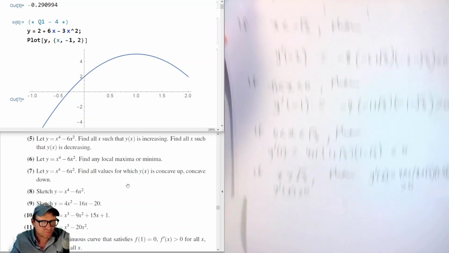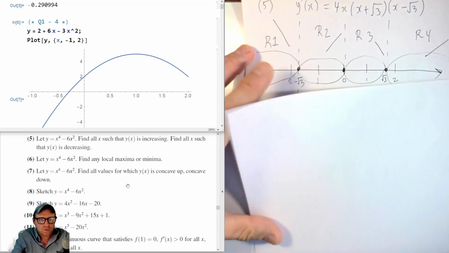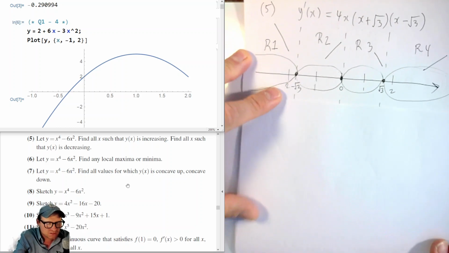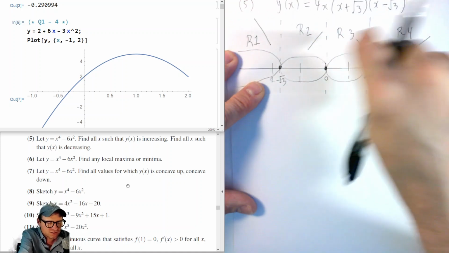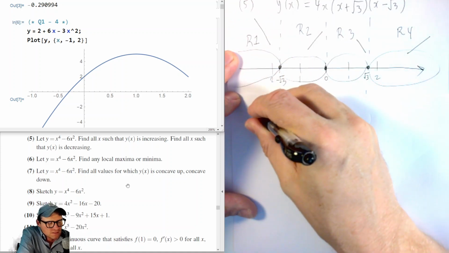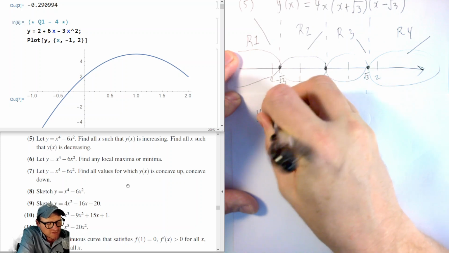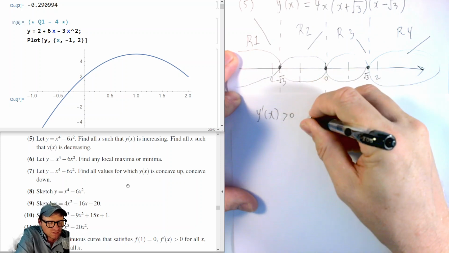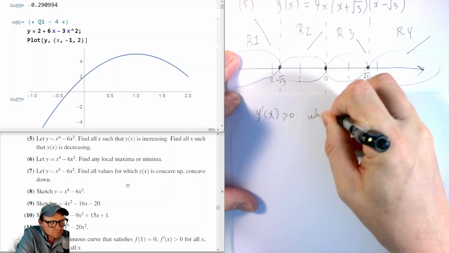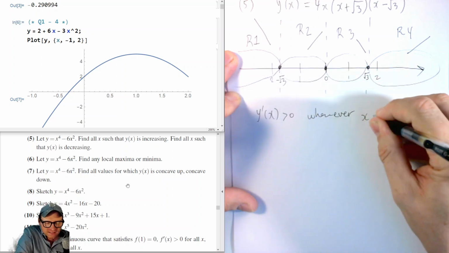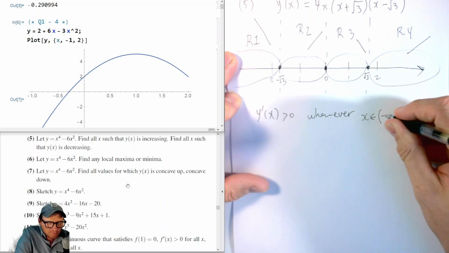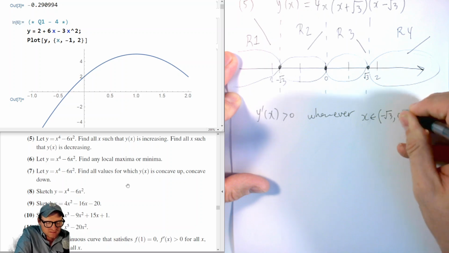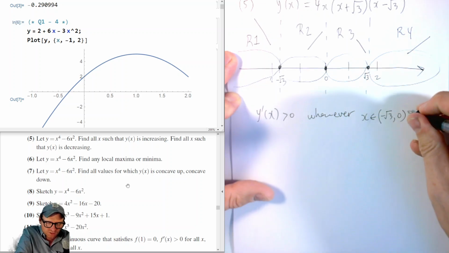To answer the question properly, for which x values do we have a positive slope? It'll be the union of these two regions. So y dash of x is positive whenever x is an element of the interval from minus root 3 to 0, but there's another interval as well, so we'll use a union symbol.